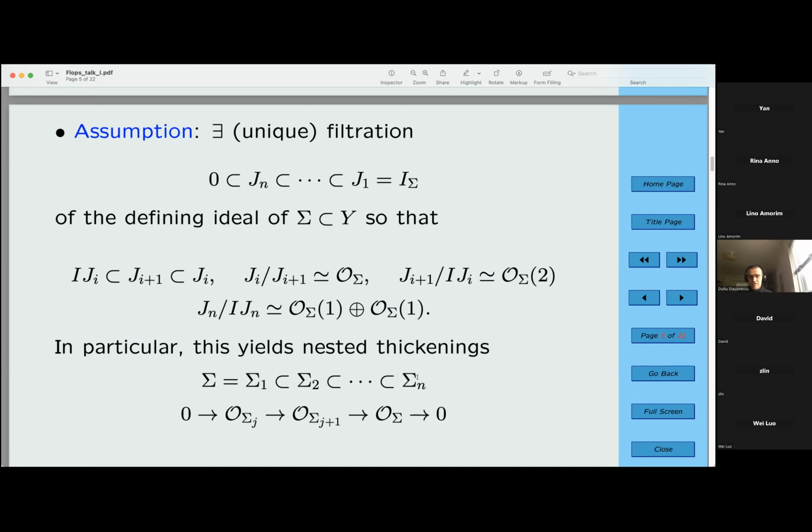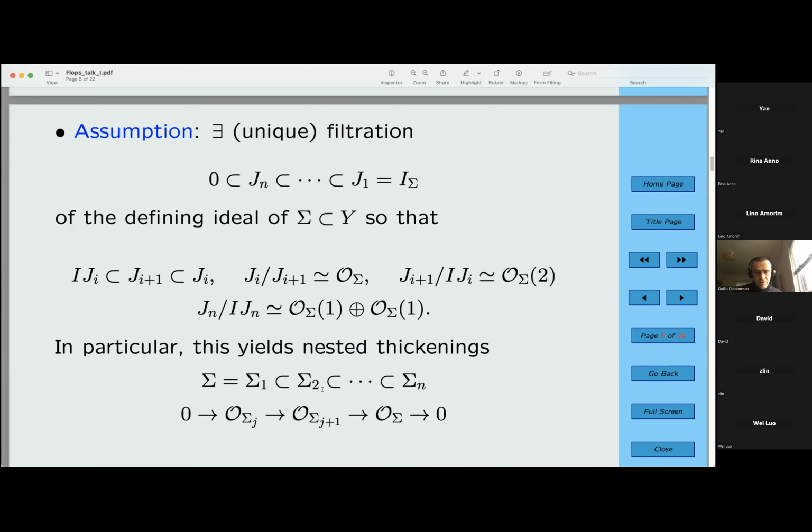So you have a couple of non-reduced curves inside the threefold, which are all thickenings of the same projective line sigma, and they sit inside each other. They are nested like this, and the structure sheaves fit in exact sequences like this on the bottom line of the slide. Now, this is just to give an idea of what's happening.